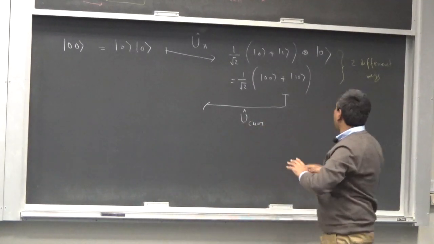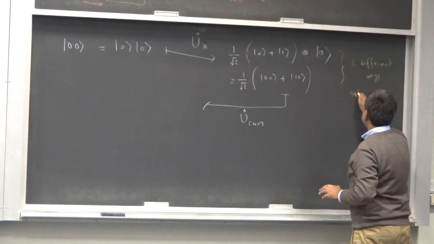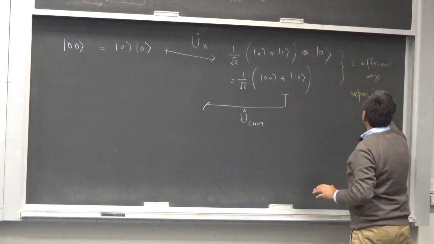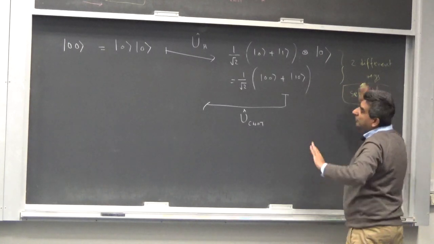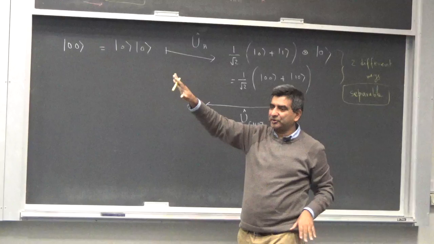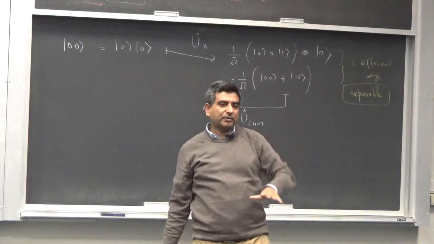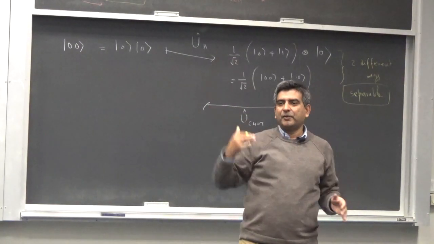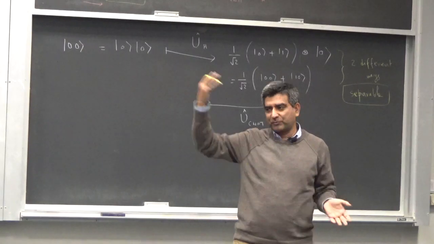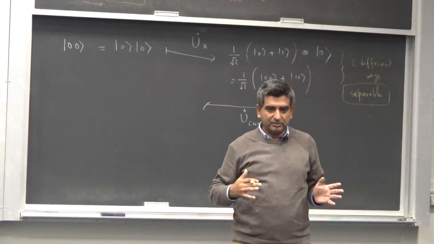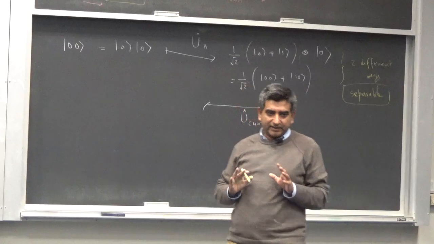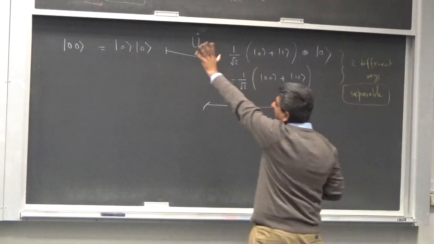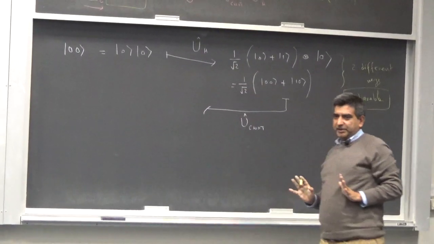This is an example of what is called a separable state. So the two qubits live in their own worlds. I can do a measurement on the first qubit and on the second qubit, and they are independent. What happens on the second qubit does not affect what happens on the first qubit. Alright, so this state in between in the blue region is a separable state.